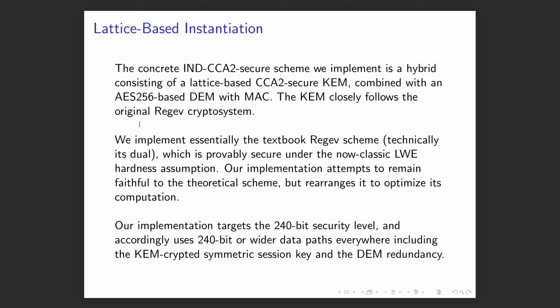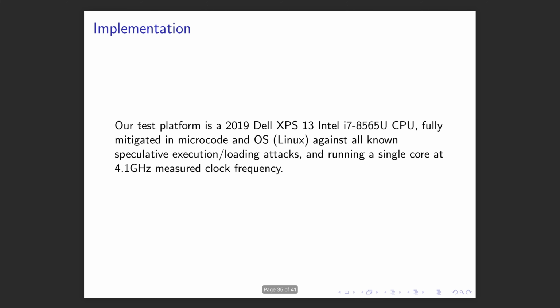Which is provably secure under the now classic learning with errors hardness assumption. The implementation attempts to remain faithful to the original theoretical scheme, but rearranges it slightly to optimize the computation. The implementation targets 240 bits of security. We use 240-bit or wider data paths everywhere, including the KEM-encrypted symmetric session key and the DEM redundancy. Again, you can read the paper for more details if you're interested.